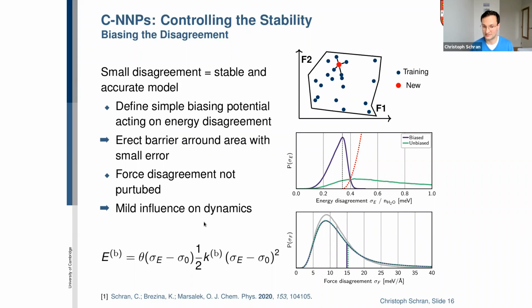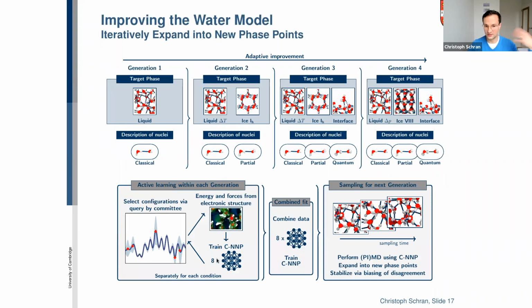That can be used, for example, in cases where you are in an exploratory phase and want to get an idea of other situations and generate new structures. And so this can all be combined into an adaptive workflow shown here, where you start at a given thermodynamic point and then expand into different regions of phase space using all these concepts of active learning in order to build up your training set.